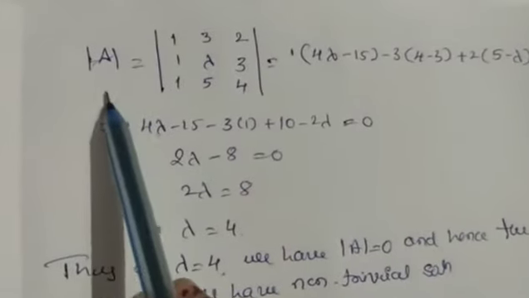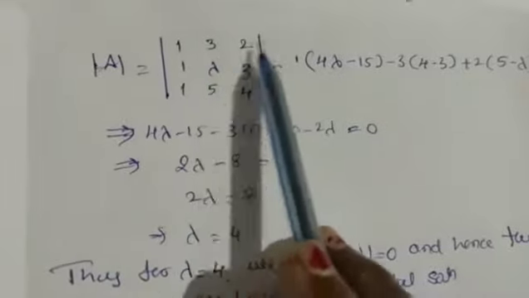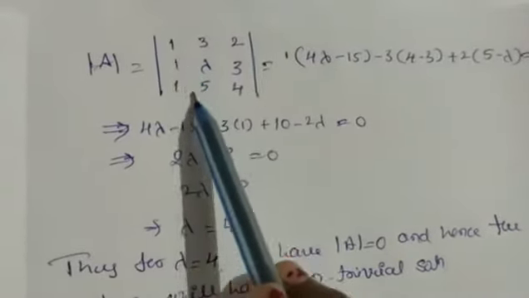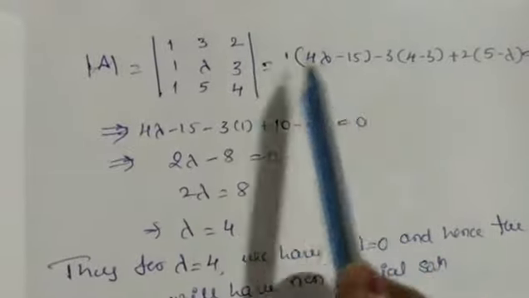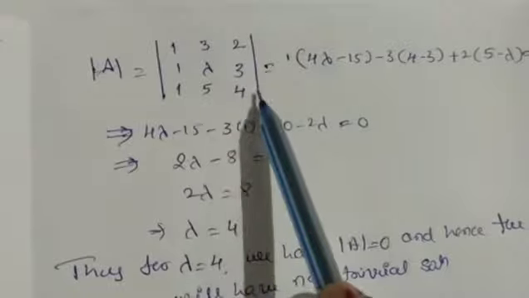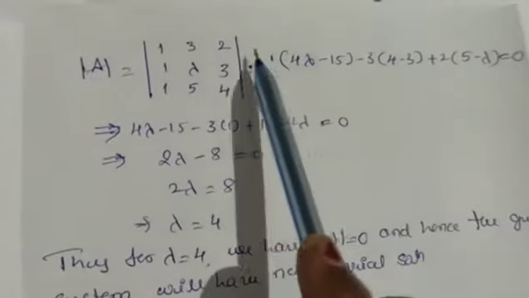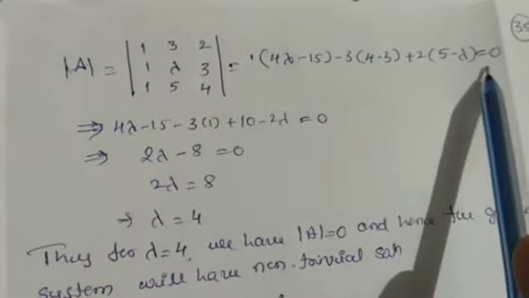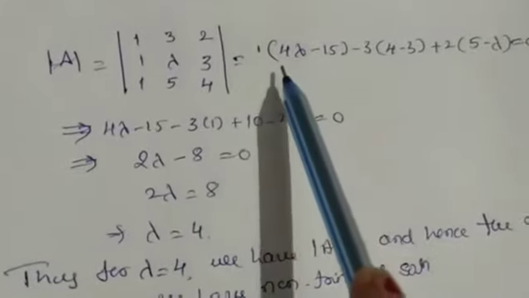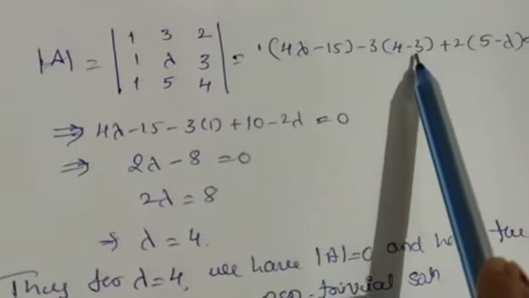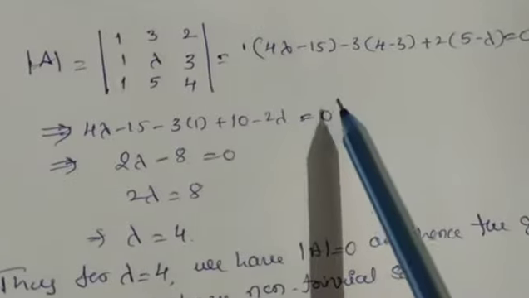So determinant of A is the determinant of 1, 3, 2, 1, lambda, 3, 1, 5, 4. So it is 1 into, leave this column and do cross multiplication, 4 lambda minus 15. Minus 3 into, leave this column and do cross multiplication, 4 minus 3. Then plus 2 into, leave this column and do cross multiplication, 5 minus lambda, equals 0. Open the brackets: 4 lambda minus 15 minus 3 into 1, plus 10 minus 2 lambda.